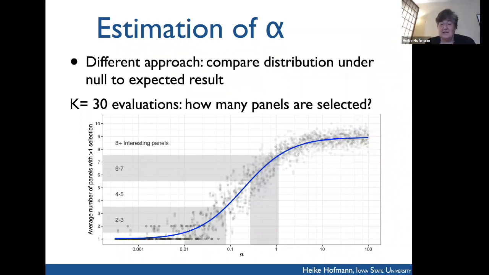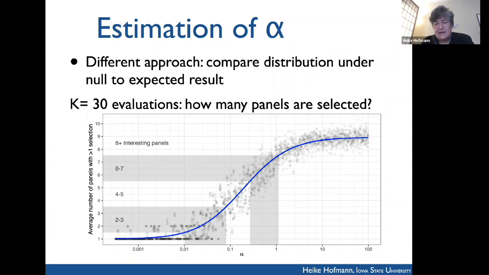We can use a graphical solution and have a look at a property of the distribution that depends on alpha. So what we're showing here is how many panels are being picked in 30 evaluations. Each of these dots corresponds to a simulated lineup under a certain Dirichlet distribution alpha.